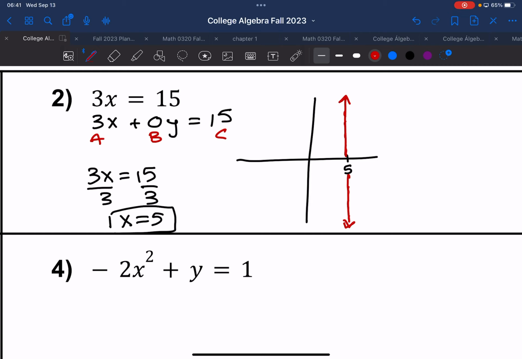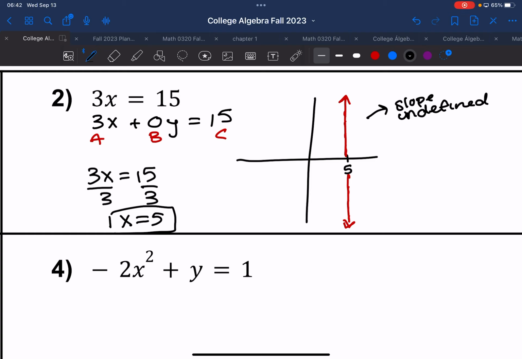What would the slope of this graph be? What would the slope be? Say that again? Infinite. You're on the right track, not infinite. Undefined. Undefined. The slope here is undefined.